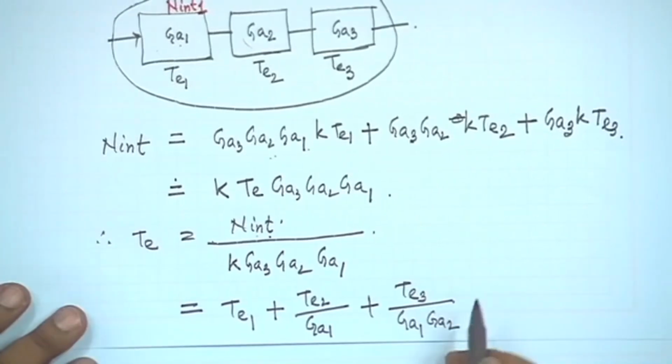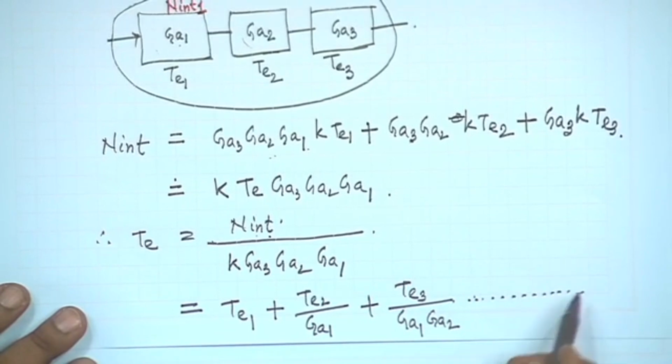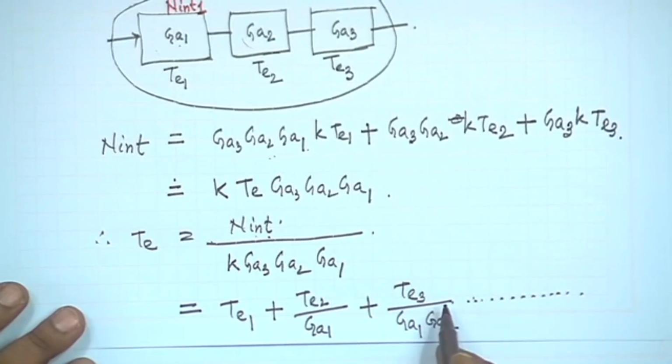For n components, we can simply extend it. So for the nth term it will become TEN, and below we have GA1, GA2 up to GAN minus 1.